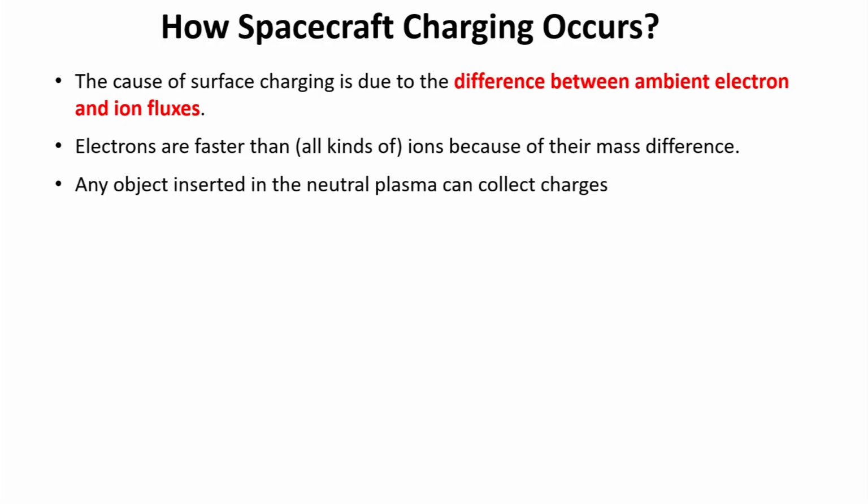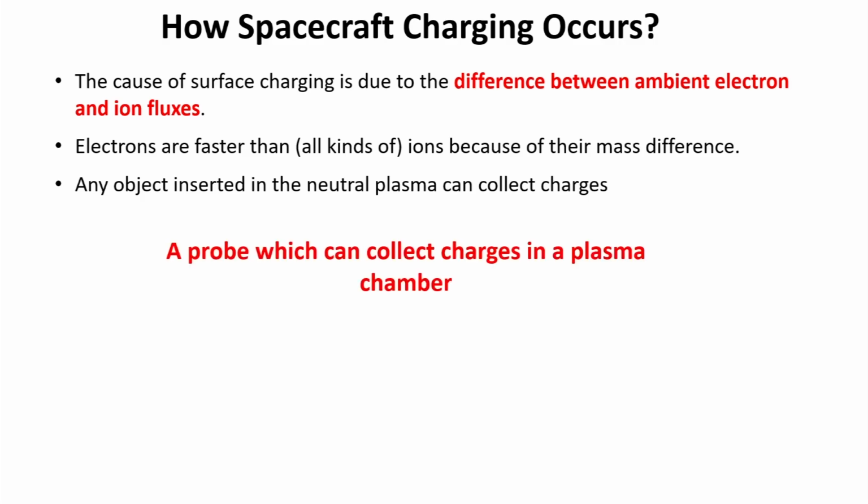So, if you insert any object in a neutral plasma, it will collect charges. Whenever you insert a probe in a charged gas or plasma, it will collect charges, and we will see that in a plasma chamber with the Langmuir probe.